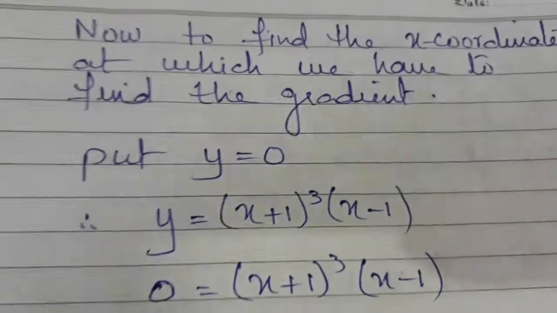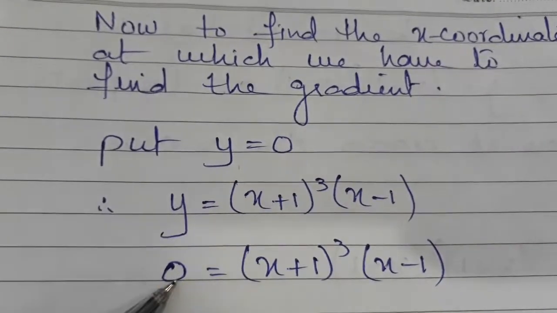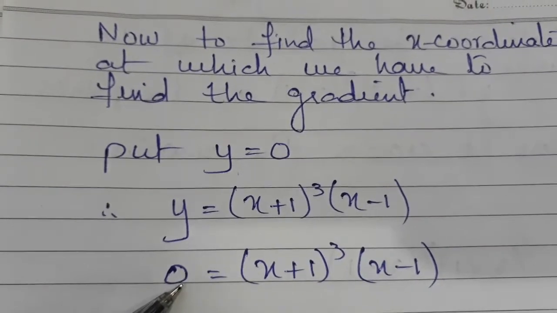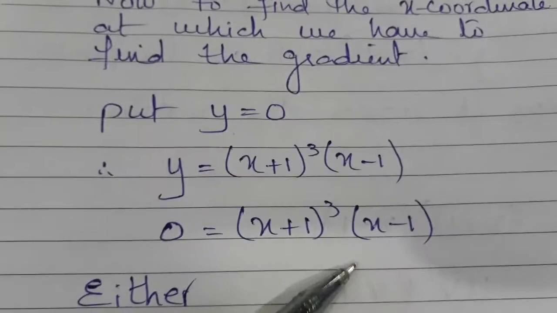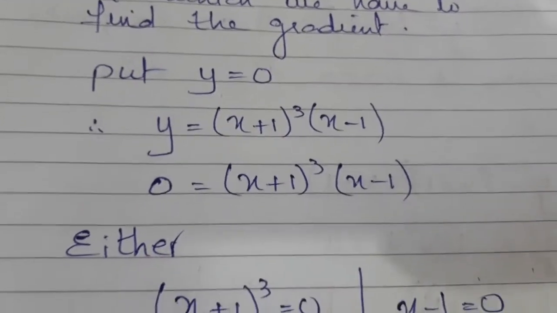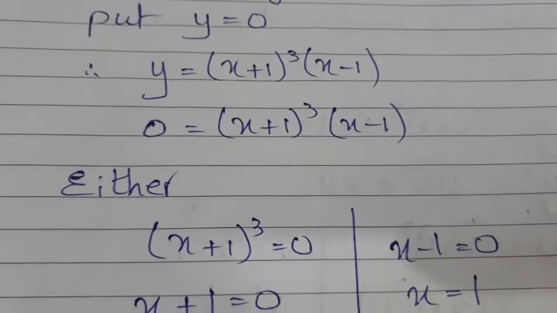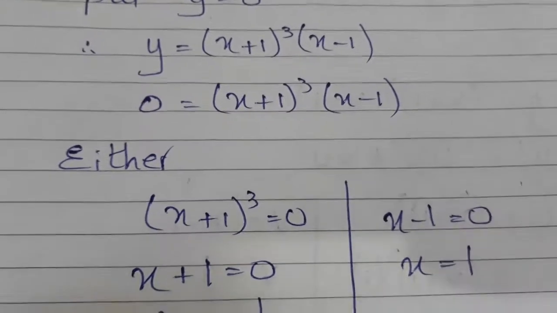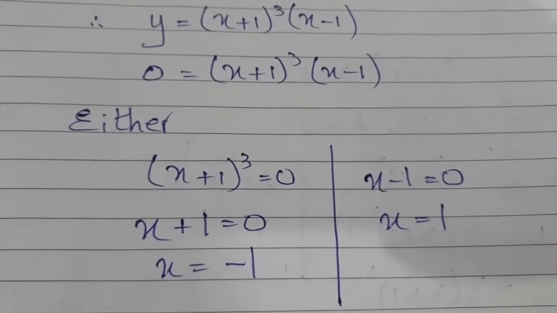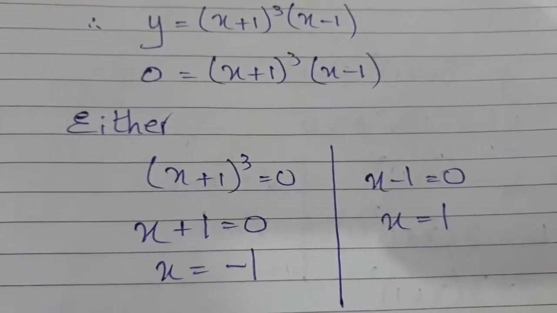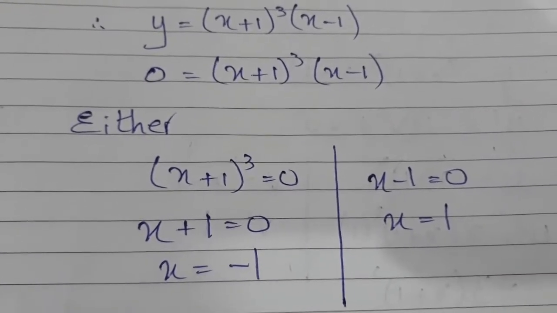I'm simply substituting y equals 0 here to find out at which points the function is crossing the x-axis. It is simple algebra you have done before. I have found the two values of x, -1 and 1. It means there are 2 points on the x-axis through which the curve is passing.